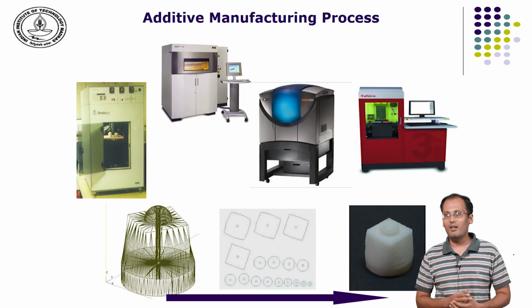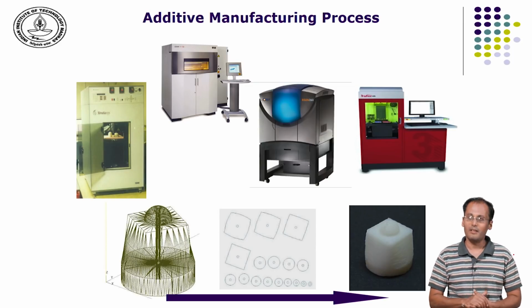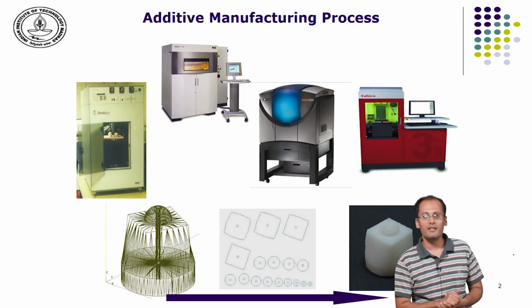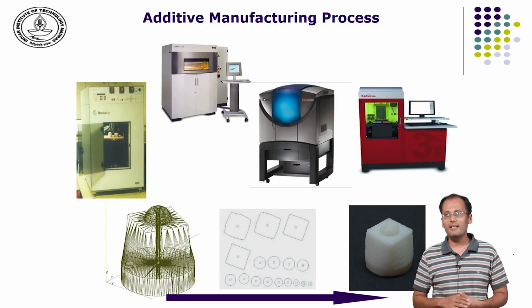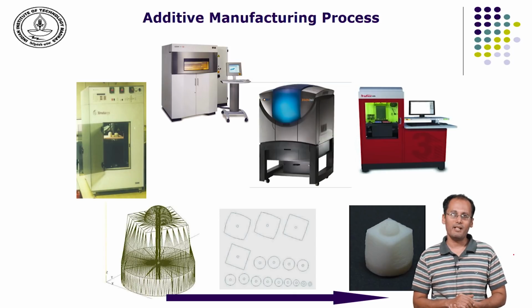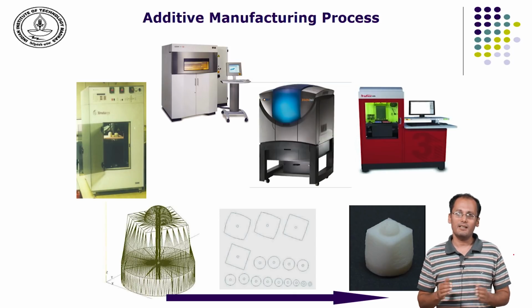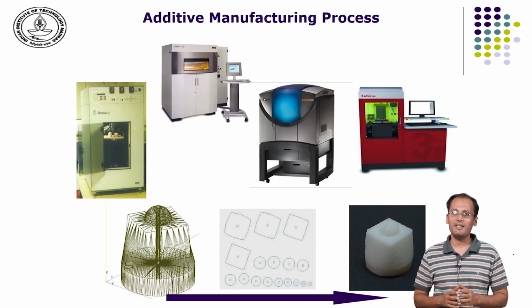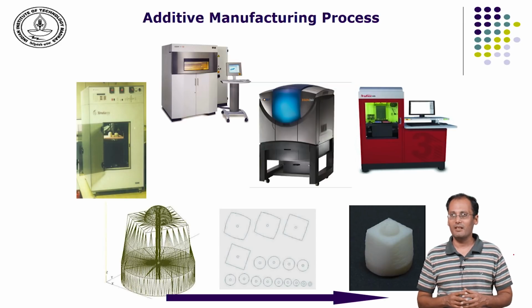And similarly, we can talk about customizing sports shoes, which will enable a sports person to have enhanced performance. Such products are possible with this additive manufacturing technology, because we can talk about a manufacturing process and associated logistics which enable small batch production.